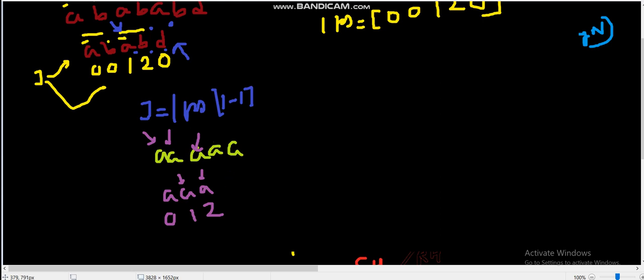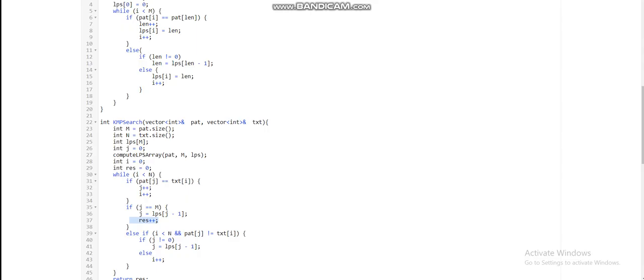Now j has reached m, so we can backtrack our j to 1. We are backtracking our j to 1. Now again we check this character and this character, they are matching, so again our j is at m. That's why, when we are incrementing the answer, we are doing j equals LPS of j minus 1 instead of setting j equals 0.